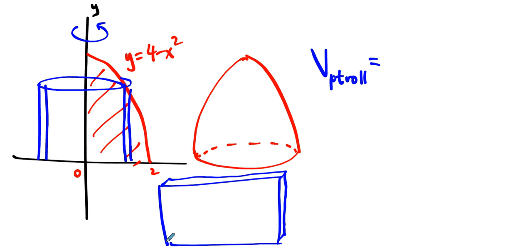A very thin rectangle of cardboard. So what's the volume of a very thin rectangle of cardboard? Length, width, depth. The depth, that's easy. This distance is the same as this distance. The depth is easy. The length and the width, not so much.